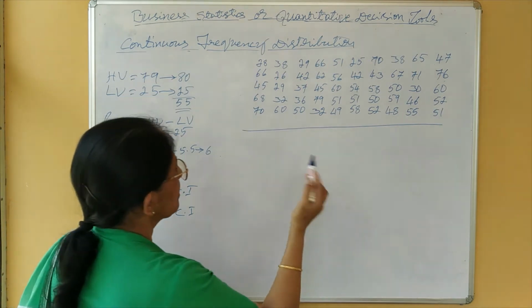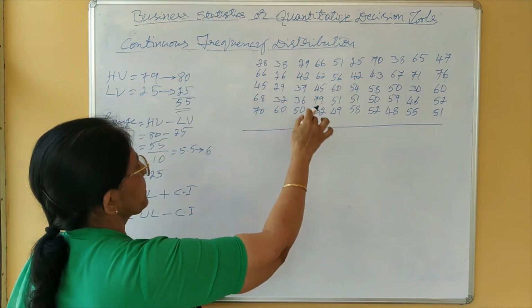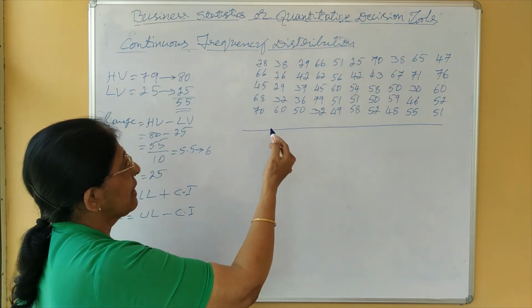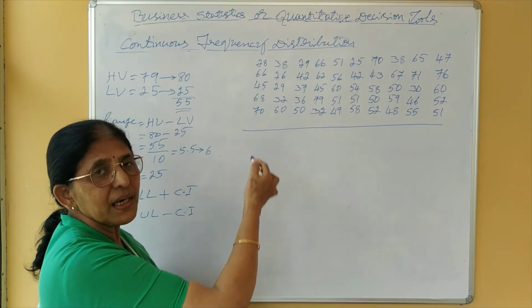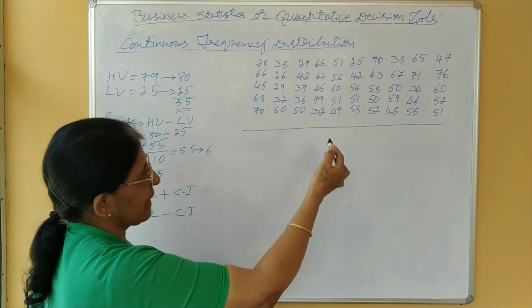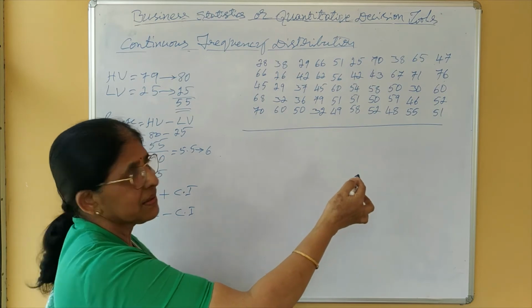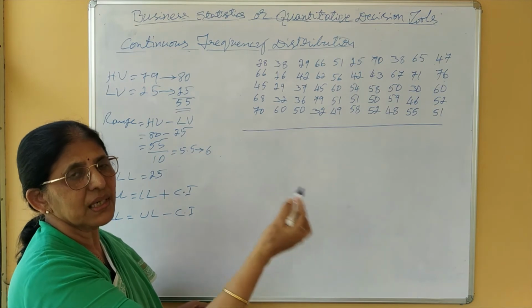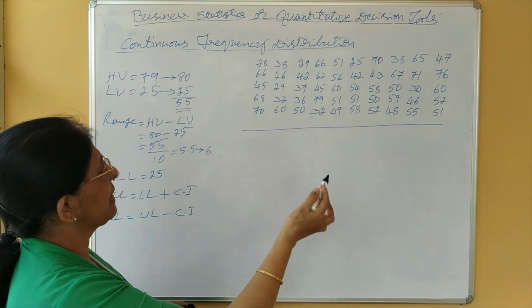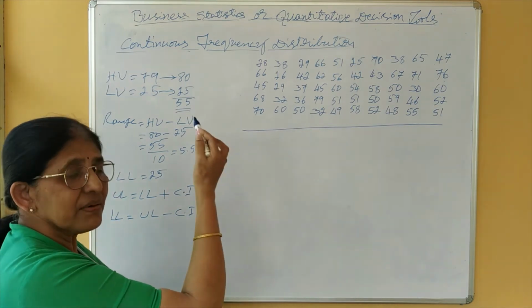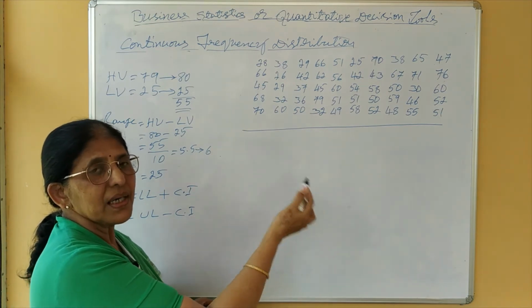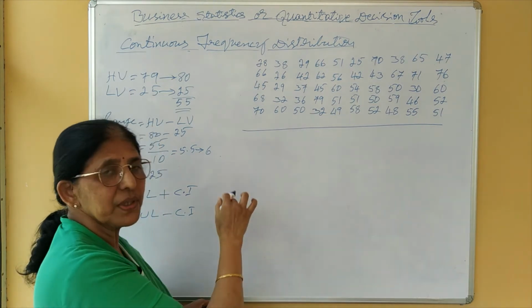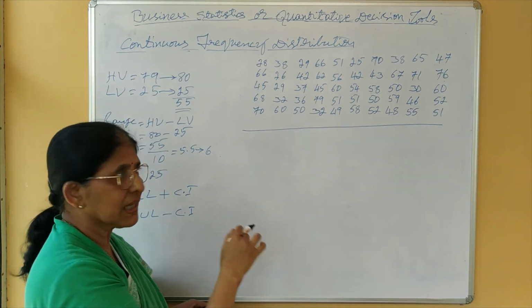Then we record the values which occur or fall in the respective classes with the help of tally bars. Then to get the frequencies, we count these tally bars. The difference between discrete and continuous is that there we put the tally bar corresponding to a particular value, here corresponding to a particular group or class.